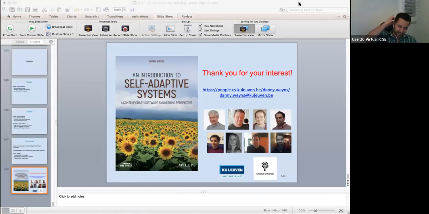So Danny, you talked about these seven waves of self-adaptation. To what extent do you see these waves as overlapping versus complementary to each other?